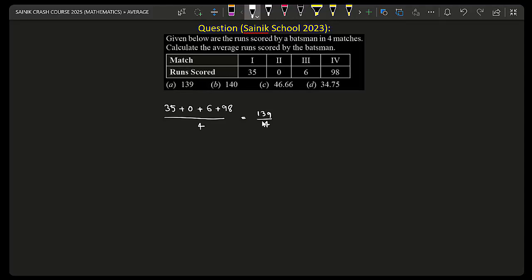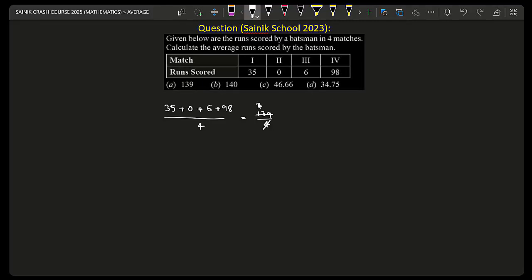How can you divide to get the decimal? Read the 4 table. 4 ones 4, 4 twos 8, 4 threes 12. What is the remainder? 1, and 1 9 becomes 19.